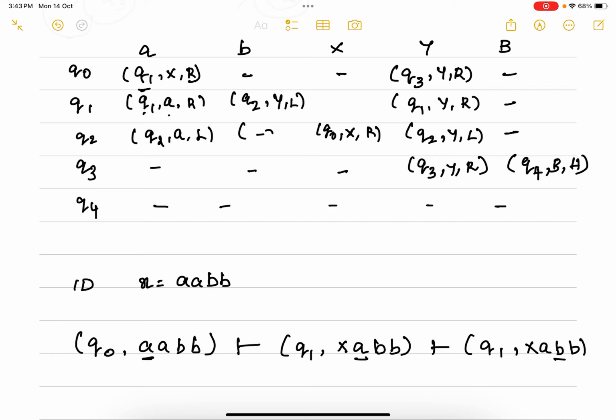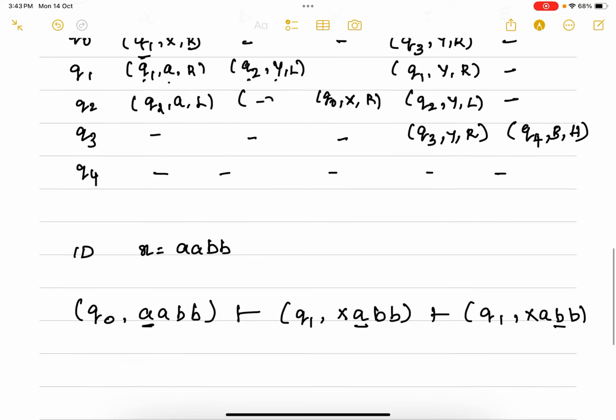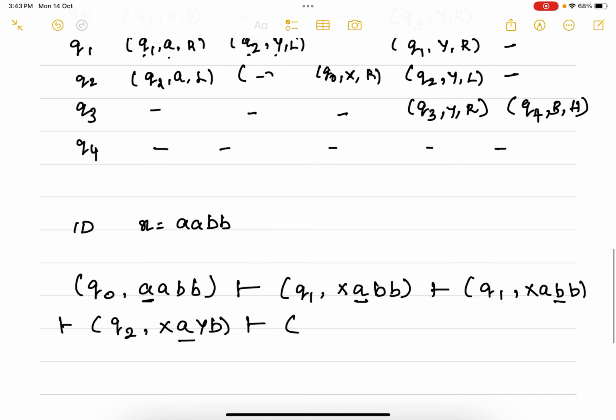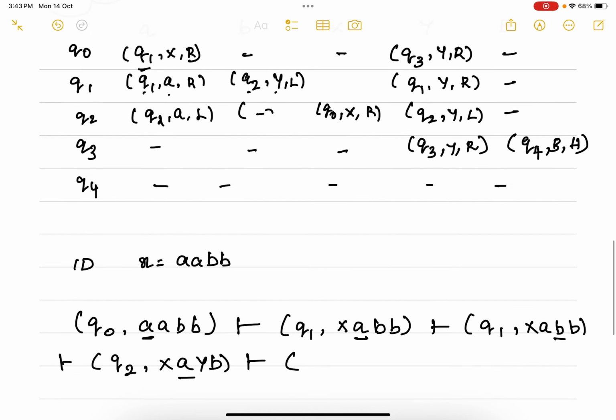When Q1 reads b, you have to move to Q2, replace it with y and move towards the left.